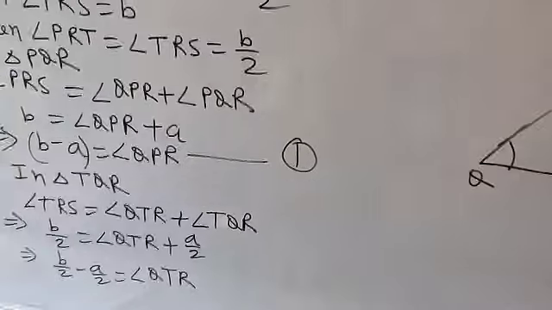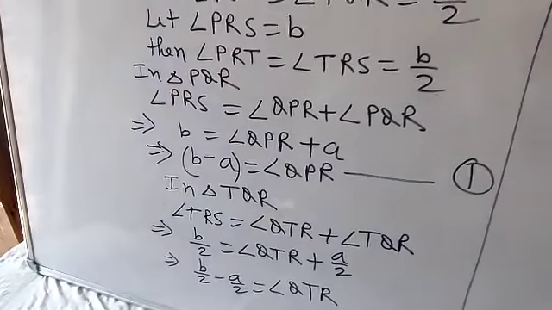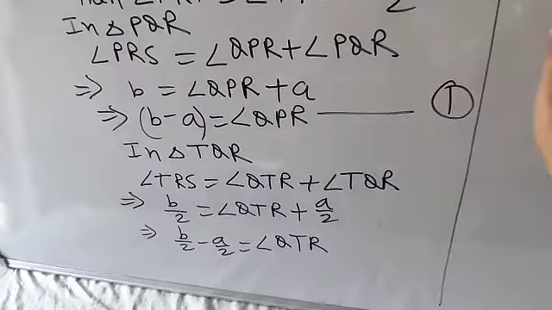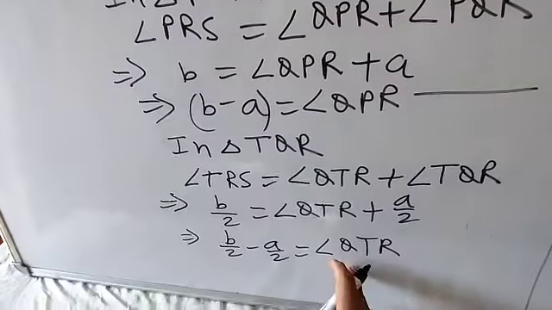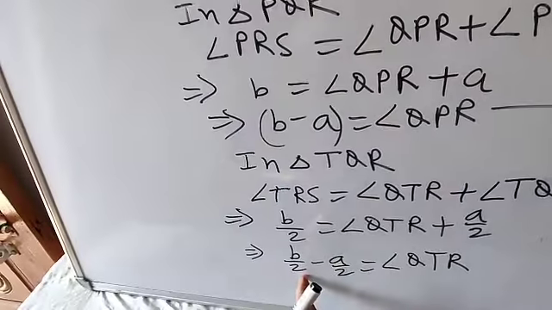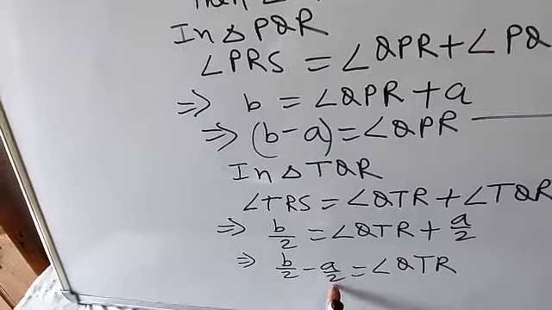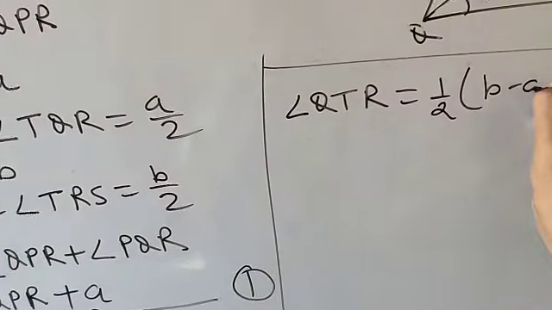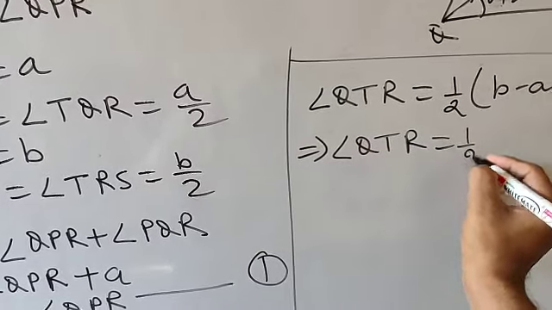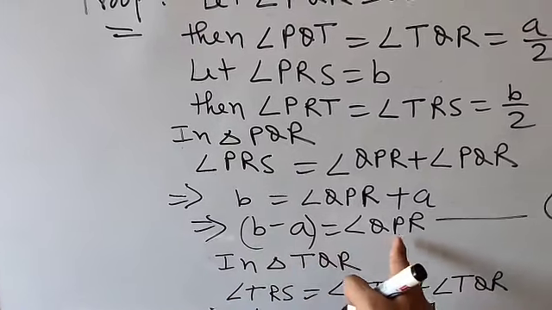That can be written like this. From here I can take 1 by 2 as common. So angle QTR equal to 1 by 2 times B minus A. It shows that angle QTR equal to 1 by 2 of B minus A, and in equation 1, B minus A equal to angle QPR.